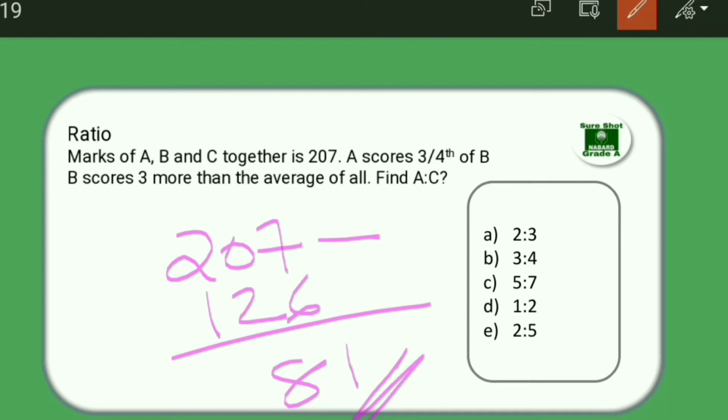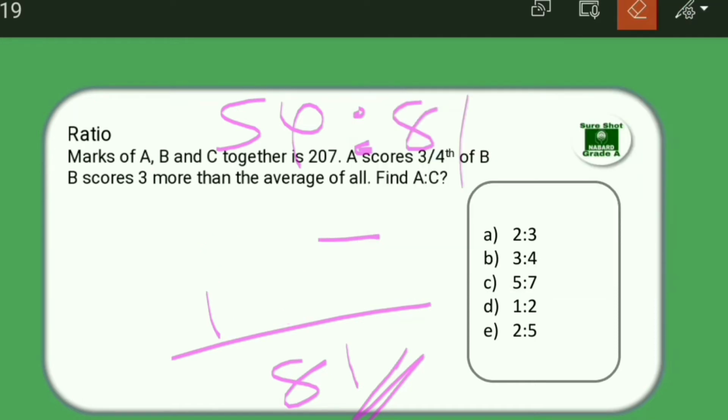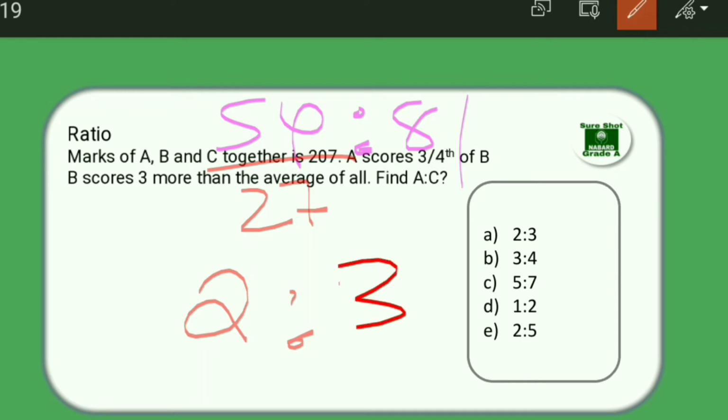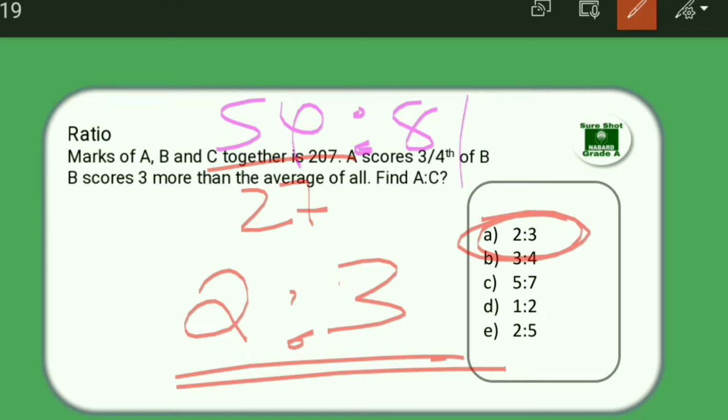So the marks of A is 54 and marks of C is 81. The common divisor is 27. 27 into 2 is 54, 27 into 3 is 81. The required ratio is 2:3.